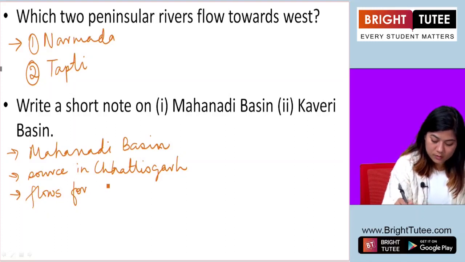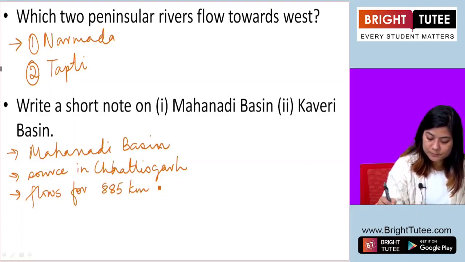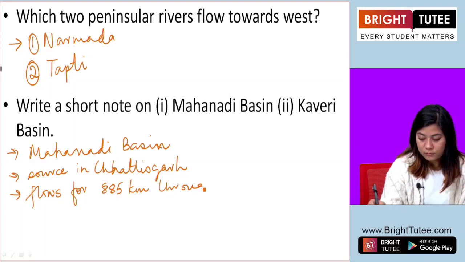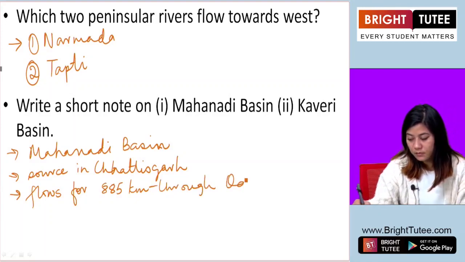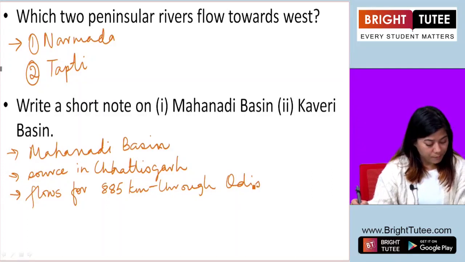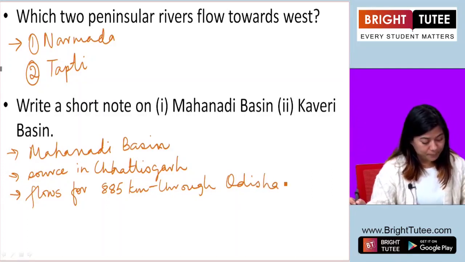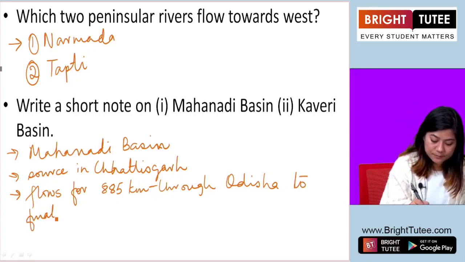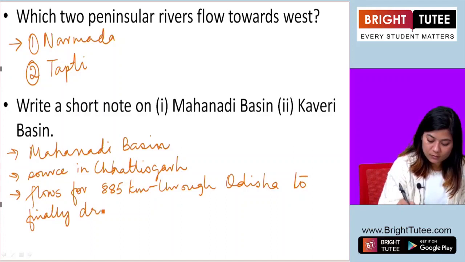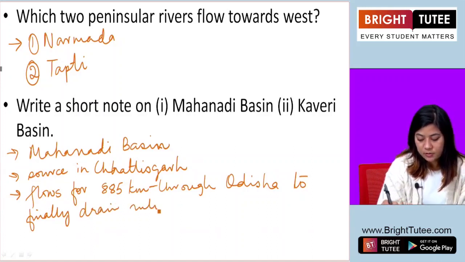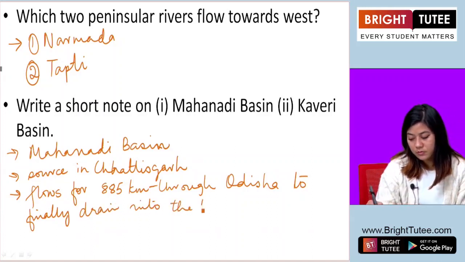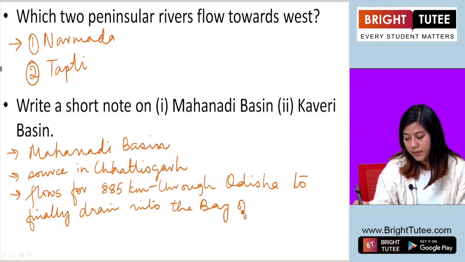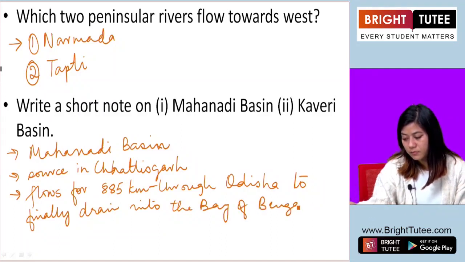flows for 885 kilometers through Orissa to finally drain into the Bay of Bengal.